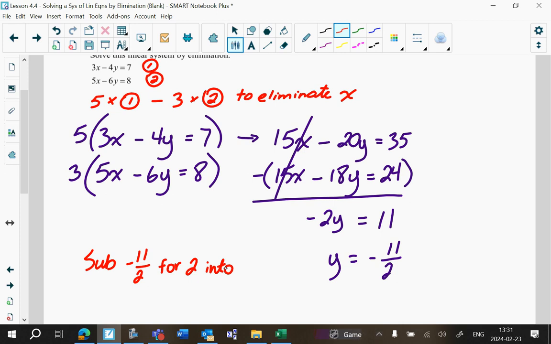It doesn't matter which one. They're kind of both the same. So I'm just going to say 1. If you want to do 2, go ahead. You're going to get the same answer. And that allows you to solve for x.